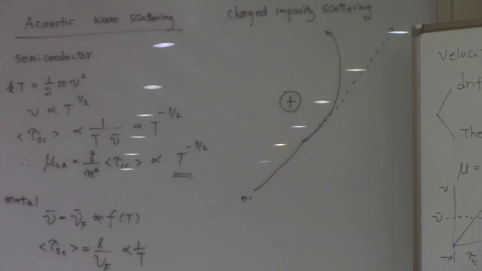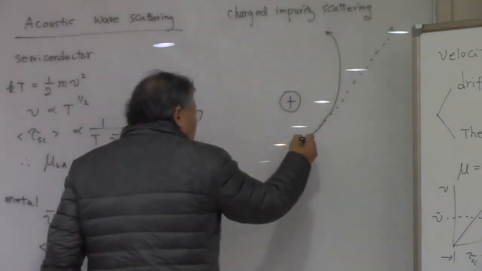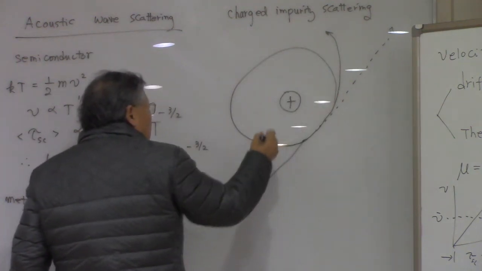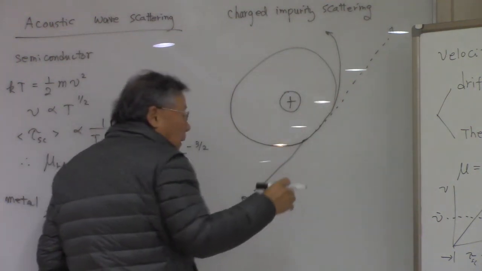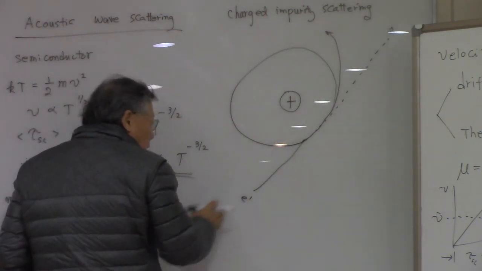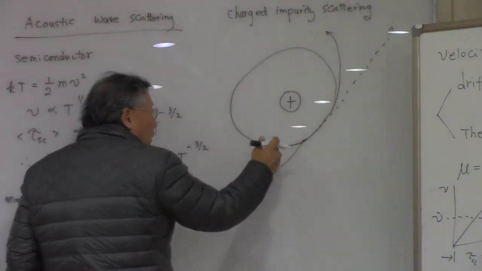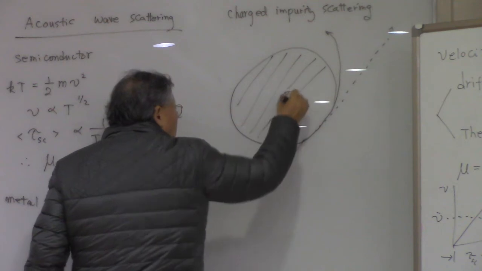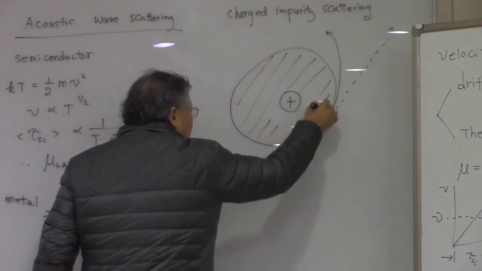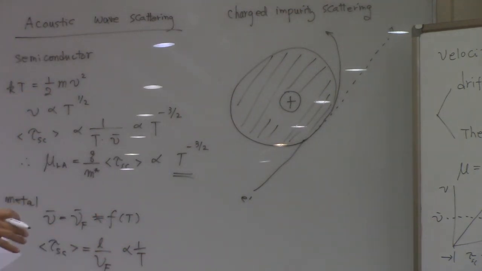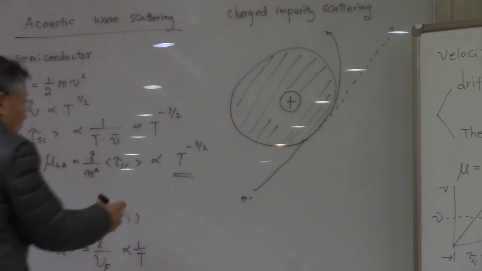And we call this the scattering, okay? And then the cross section that this charge can affect on the electron path, this is the effective scattering area, scattering centers, which can relate to the scattering events of the electrons.